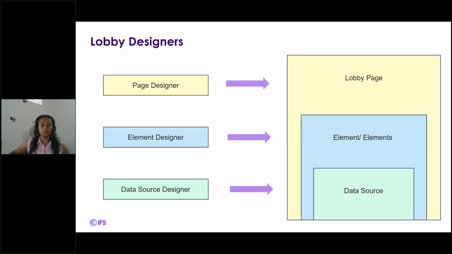So these three are the main tools that we have built into IFS Cloud so that you could create lobby pages from scratch. So you have the capability to create the data source, then map that to elements, and then create lobby pages. Once you save the lobby page itself, then you can use it straight away.